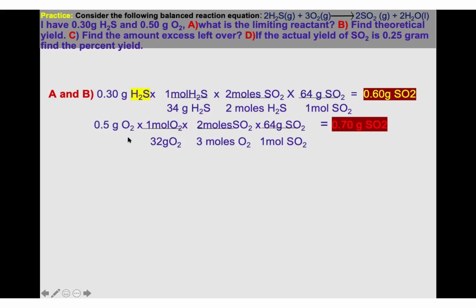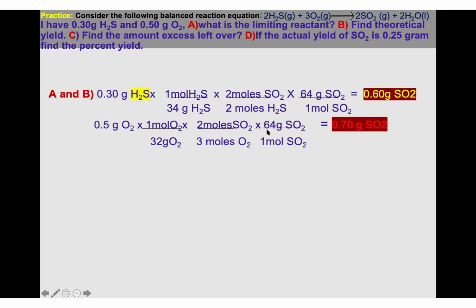So let's do the other reactant. Let's start with the 0.50 gram of oxygen. We convert to the mole of oxygen. I use the ratios. 3 mole of oxygen, the coefficient, and related to what? To SO2.